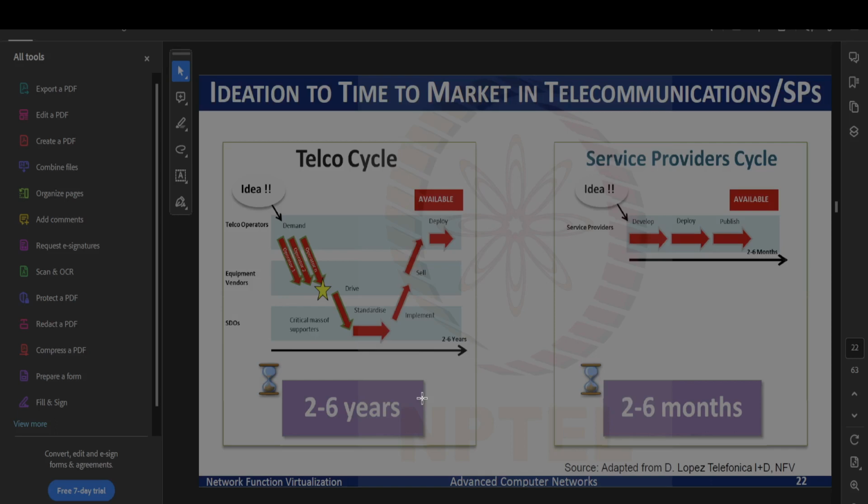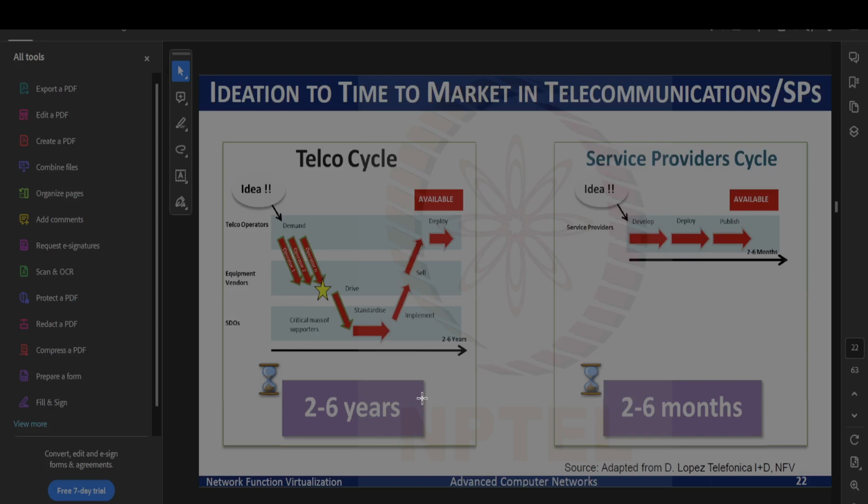Whereas with the telecom, because of the custom built hardware and vendor dependency, it was taking a lot of time from ideation to deployment. So this was actually one of the major reasons why this whole concept of virtualization came into picture.